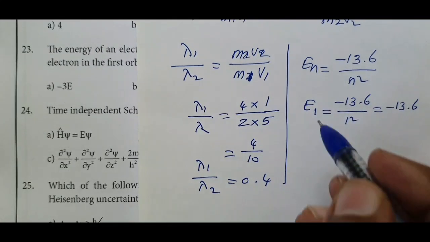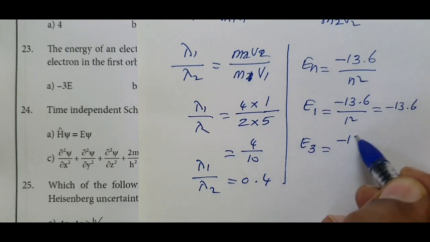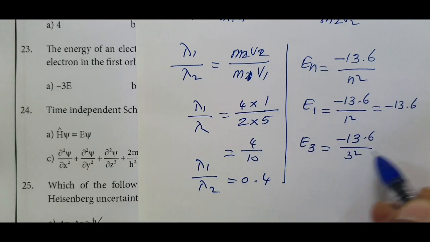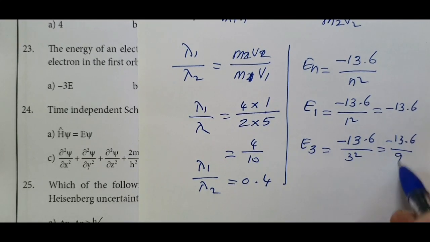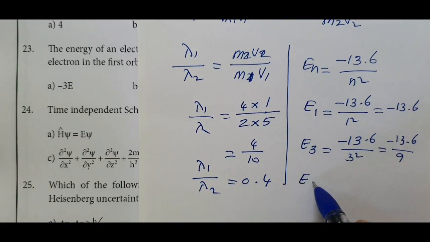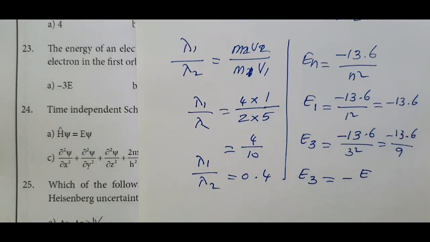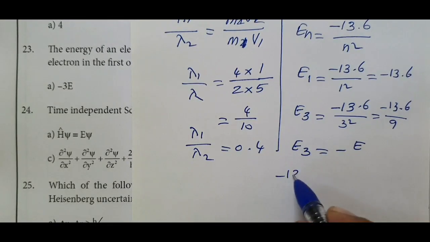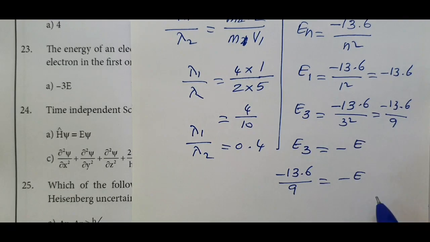This is E1 value. Energy of the electron in the third orbit equal to minus 13.6 divided by 3 squared equal to minus 13.6 divided by 9, or E3. Given is E3 equal to minus E. What is E3? E3 equal to minus 13.6 by 9 equal to minus E.